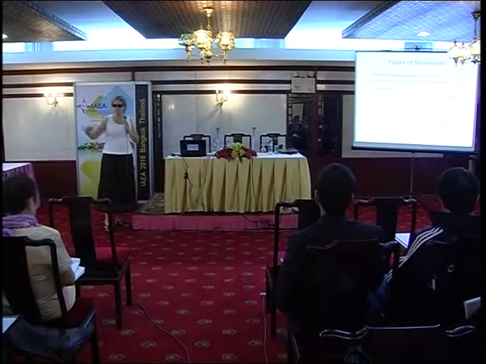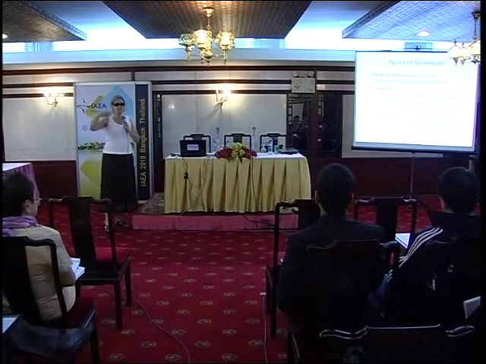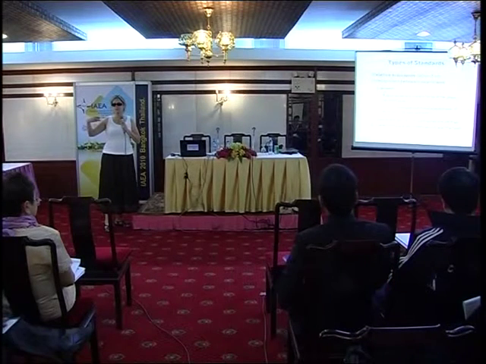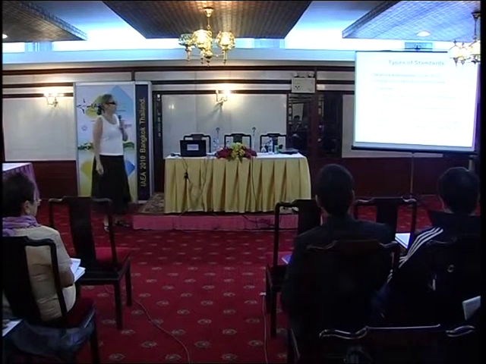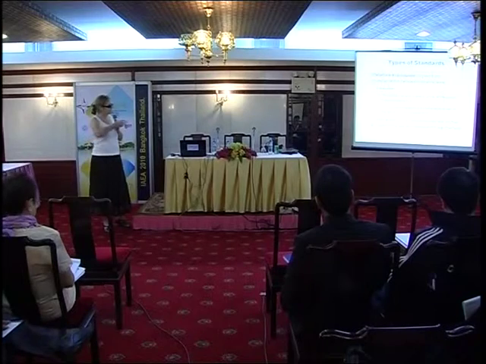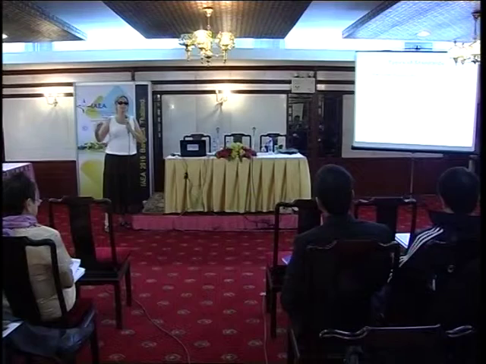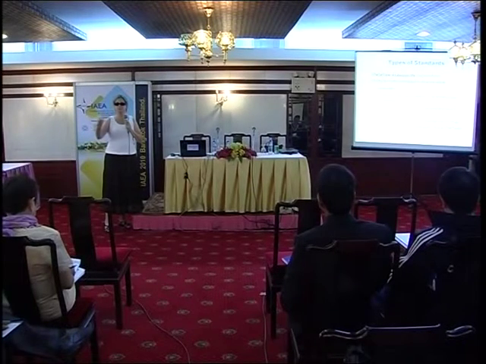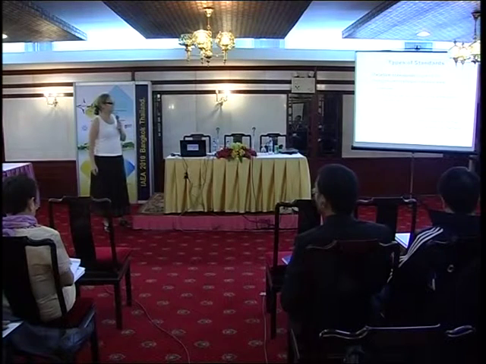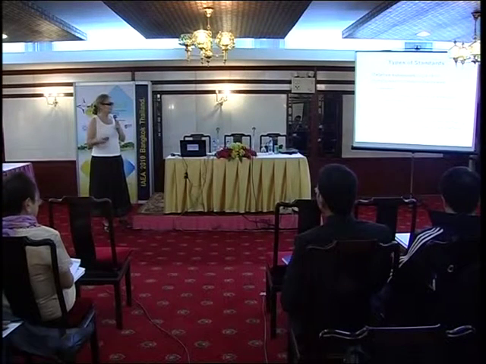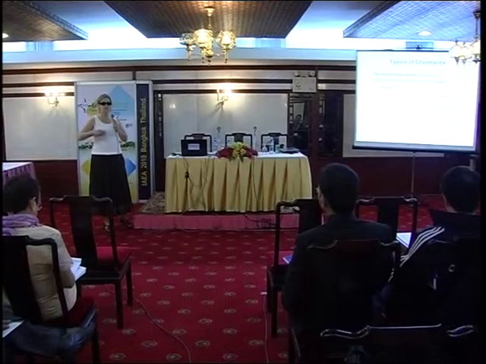If we all take the test, the top 10% of us are going to pass. Or in the second example, if your score is above the average score, I'm going to pass, and if you're below it, you're not going to pass. So good enough is defined by how we all do on the test.